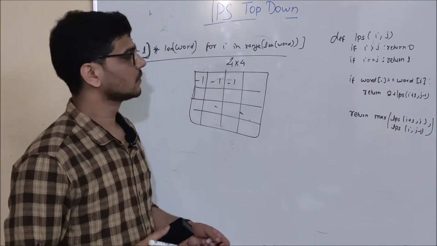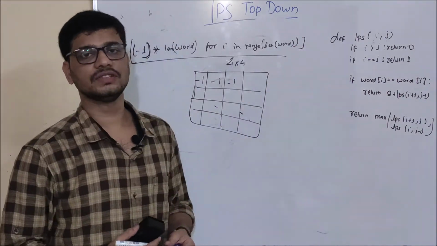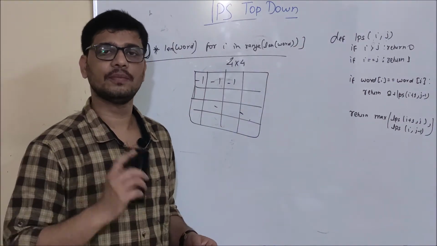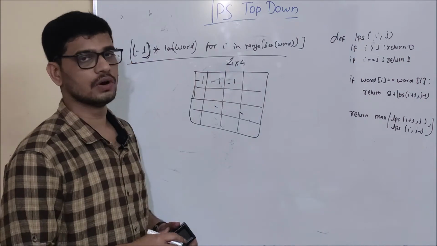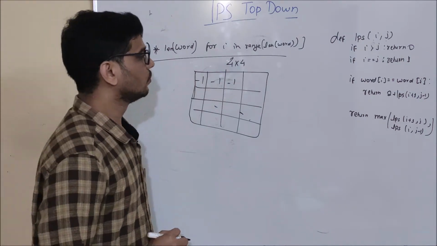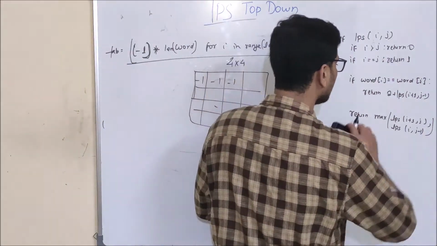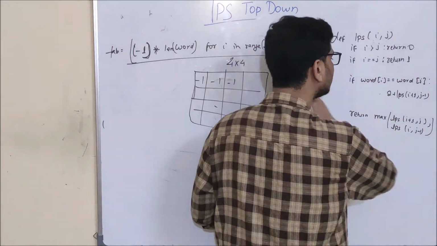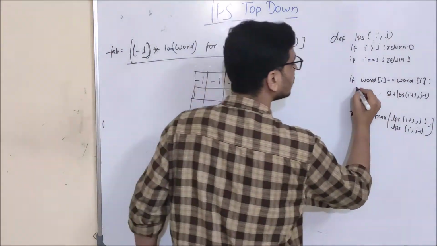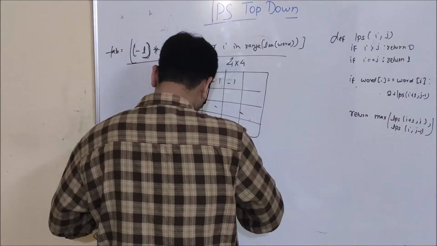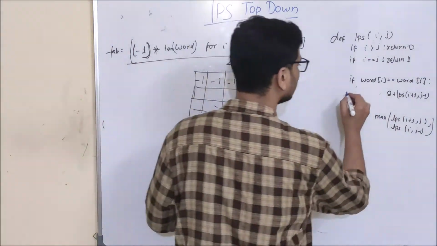What we will do is update this recursive code to make it a top-down code. And now I will show you how easy it is. So what do we need to do? Wherever we are returning any value, first we will store this particular value in the table.